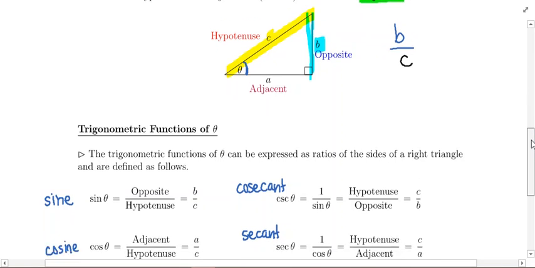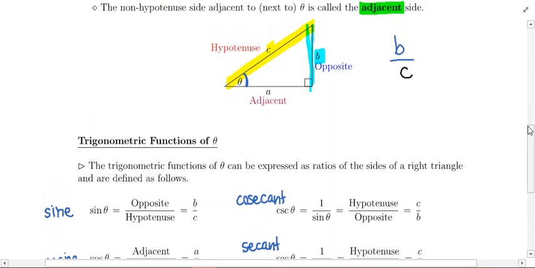Now something I want to mention to you. We're not dealing with a specific angle yet. Theta is just a generic acute angle. If you wrote down sine is equal to the opposite over the hypotenuse, sine by itself does not make a bit of sense. It is an operator. It does something to an angle.